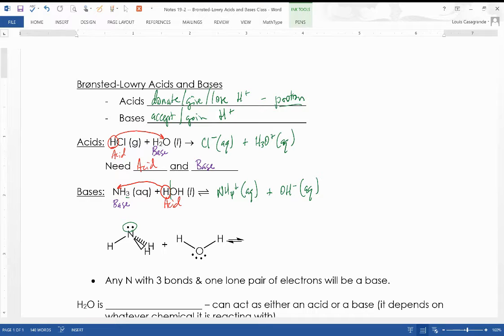And so what's going to happen is the OH bond, between the H and the O in the water, is going to break apart. And that positive H+ is going to get pulled over, attracted to that lone pair of electrons on the ammonia.